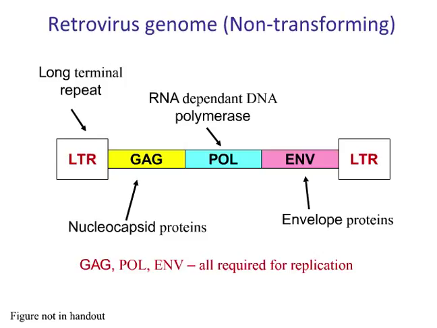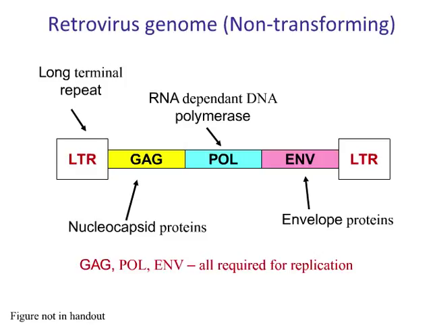The genome of a normal RNA virus or retrovirus, which will not cause transformation, looks essentially like this. It has two long terminal repeat sequences which are used to guide integration into the host cell genome and regulate expression of the viral genes, which are in between the LTR sequences.